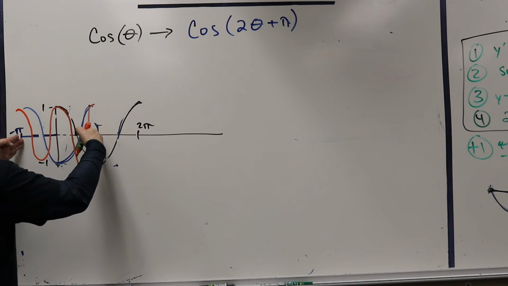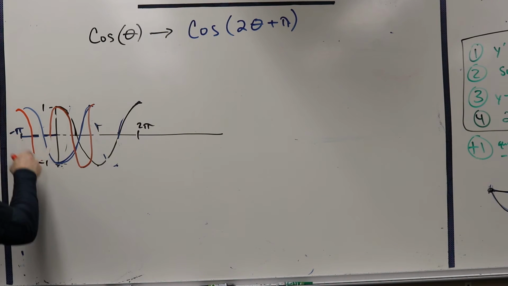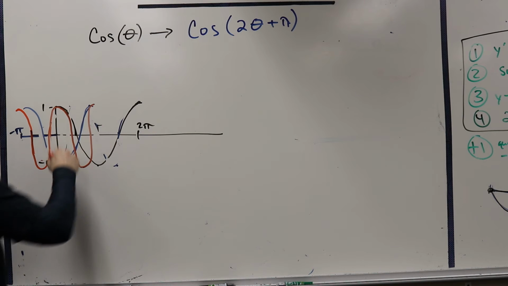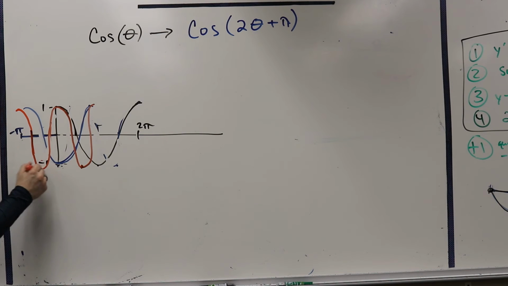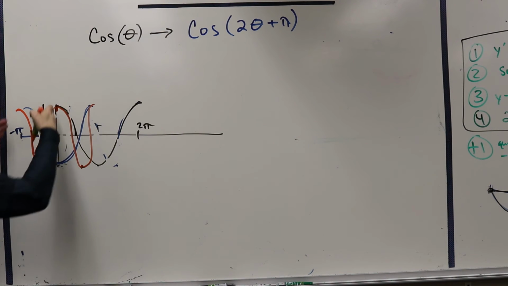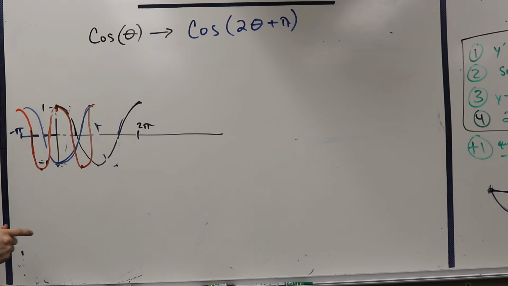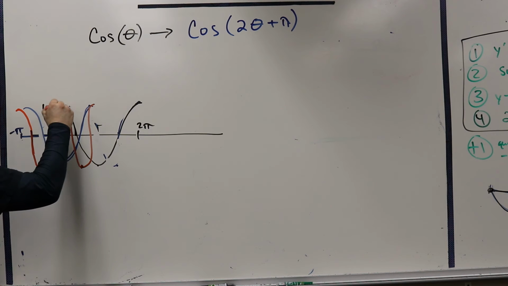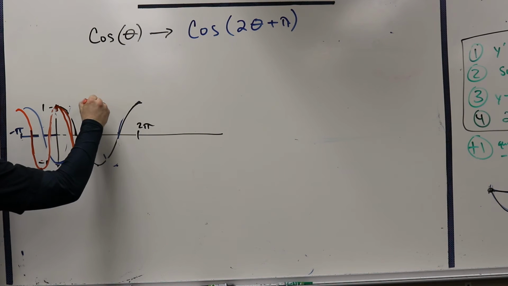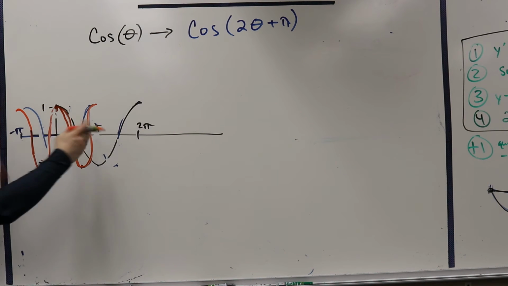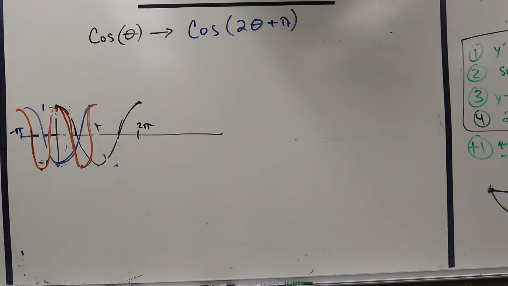So in our same 2 pi radius, sorry, this should come down. We're going to come down to this. So we're going to have 2 of these pieces of our normal cosines inside the 2 pi. So that's a compression. Does that make sense?